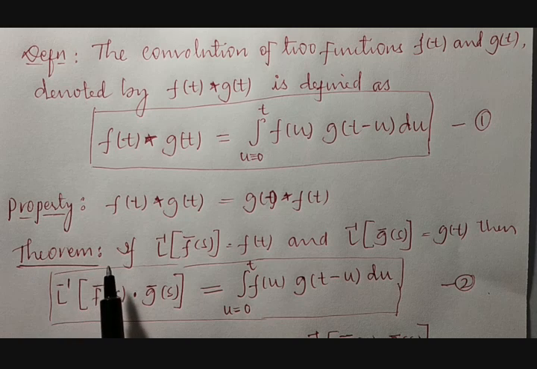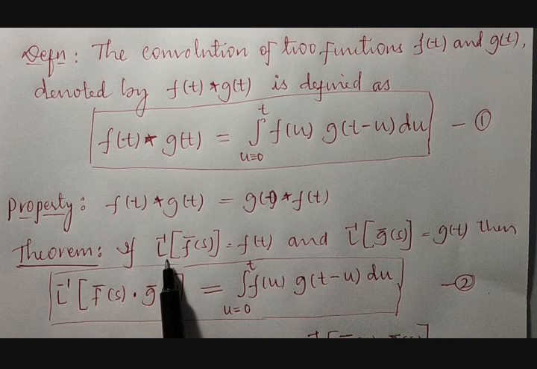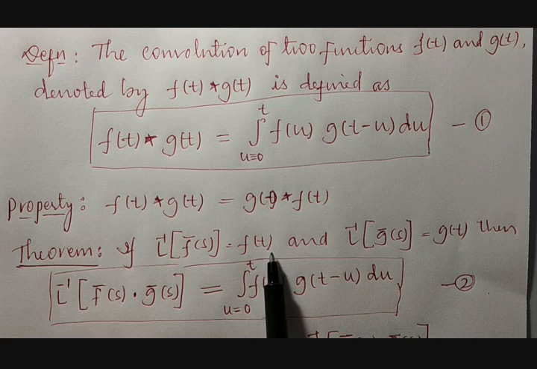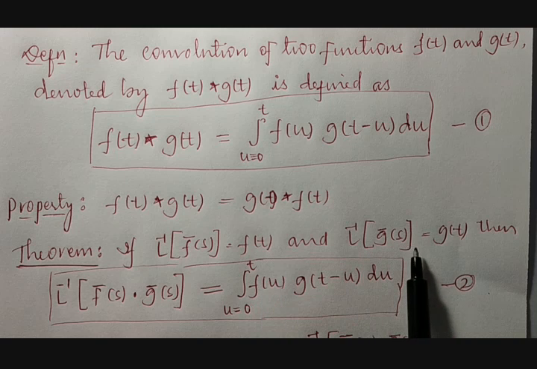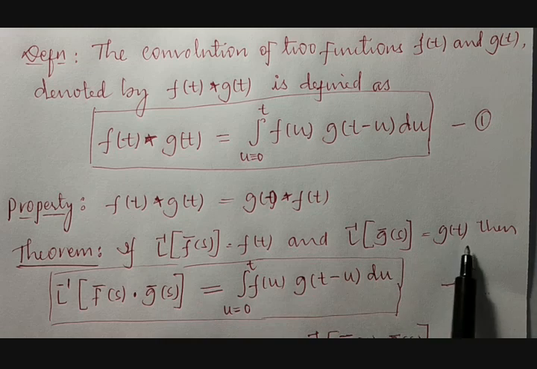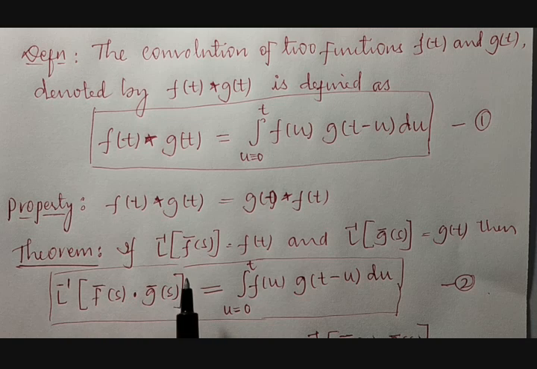The statement says: if Laplace inverse of f bar of s is f of t and Laplace inverse of g bar of s is g of t, then Laplace inverse of f bar of s into g bar of s is equal to the integration of f of u into g of t minus u with respect to u between u equals 0 to t. This is the statement of the convolution theorem.